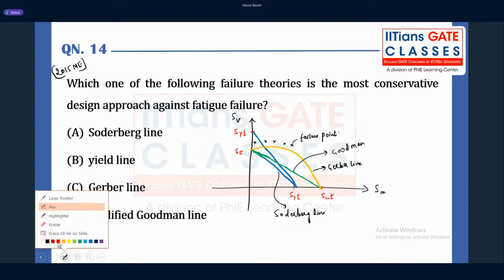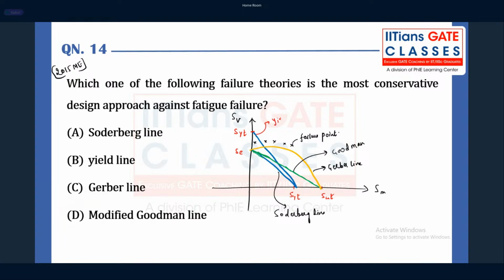What is the modified Goodman line? The modified Goodman line is nothing but the intersection of the line taken from the yield line, which we also call the Langer line, with the Goodman line. What is the Goodman line?